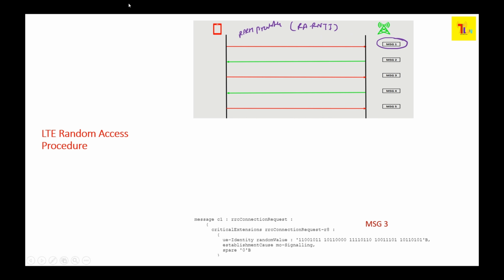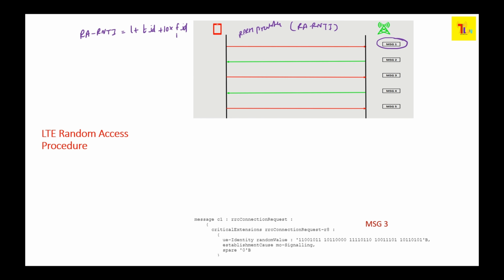Now we have heard the term RA-RNTI. What exactly is it? The RA-RNTI is associated with the PRACH in which the RACH preamble is transmitted. If you go with the formula, RA-RNTI is 1 plus TID plus 10 into FID.